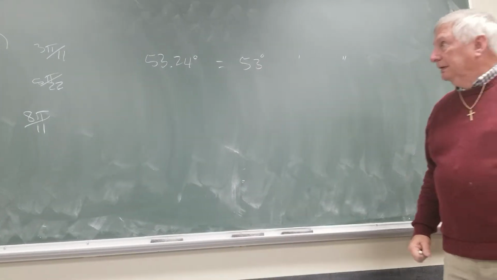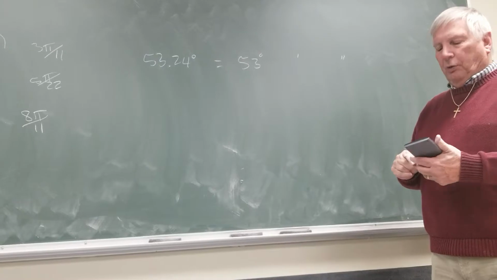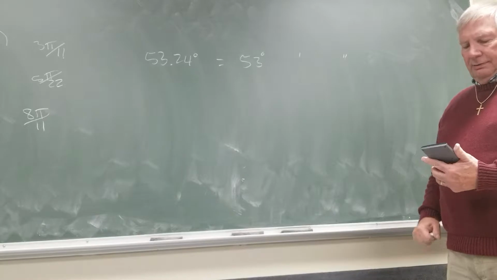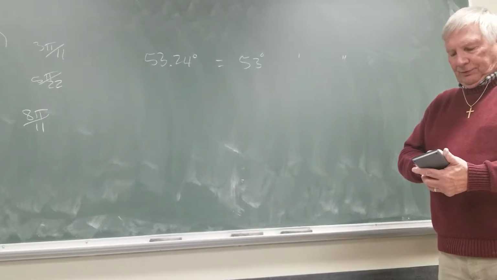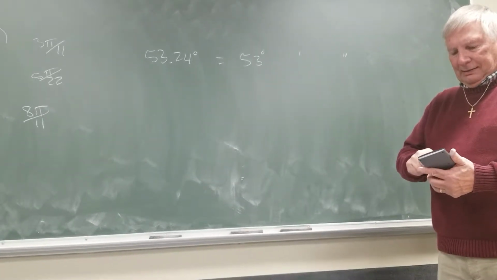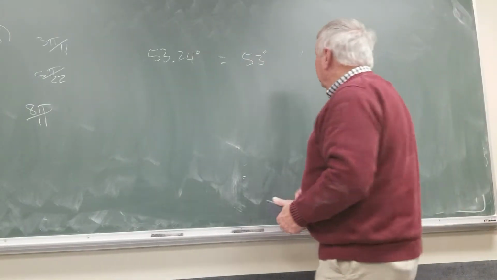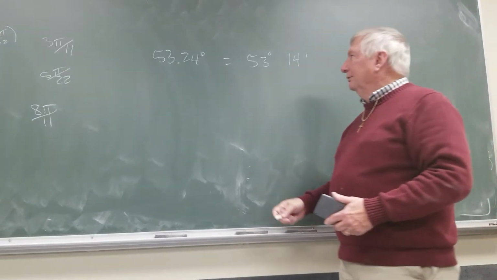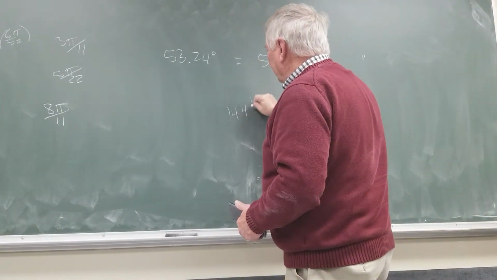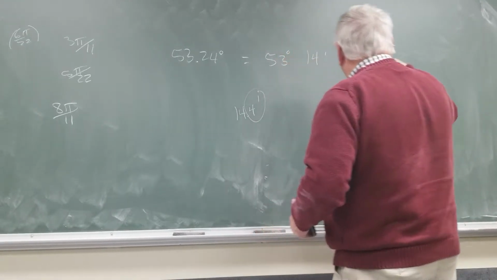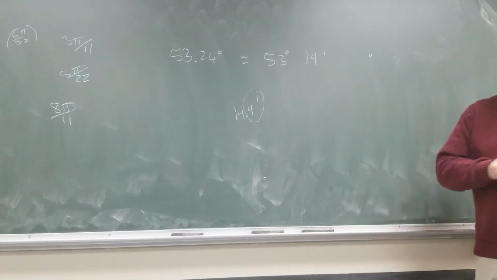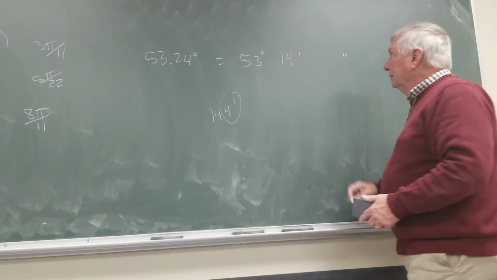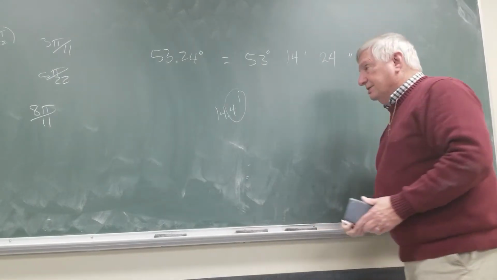So I'll take the 0.24 part, 0.24 times 60 gives me 14.4. I'll put the 14 part there, and now the 0.4 really gave me 14.4 minutes. I'll take this, multiply that times 60. 0.4 times 60 is 24 seconds.